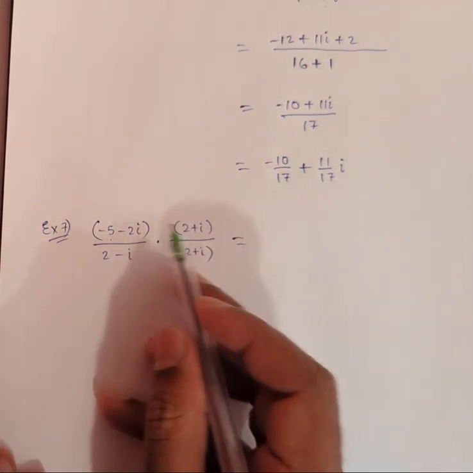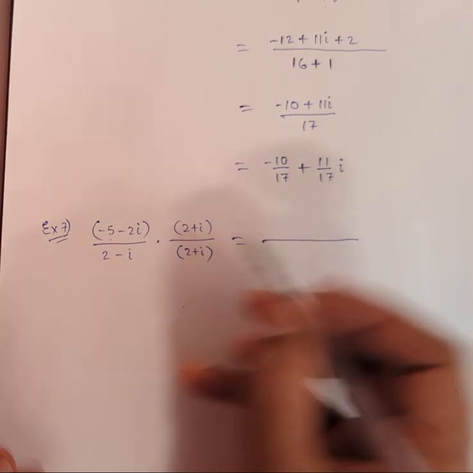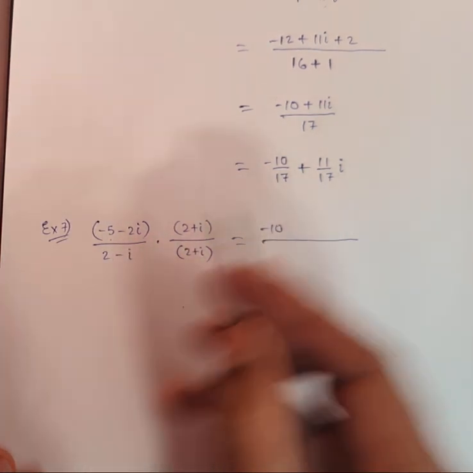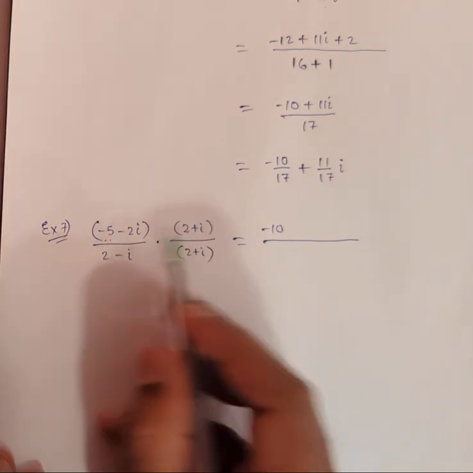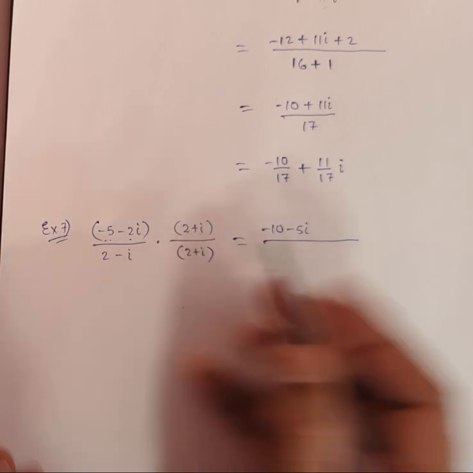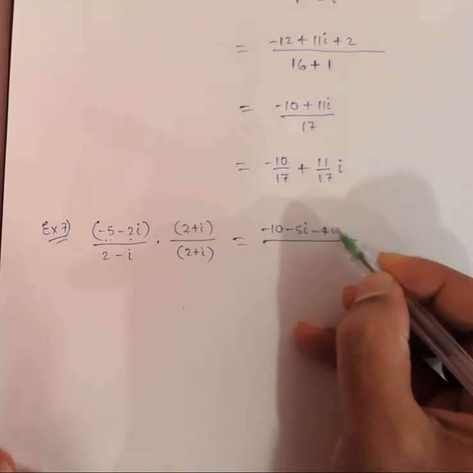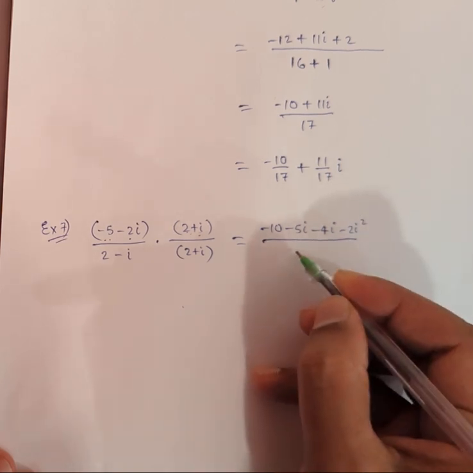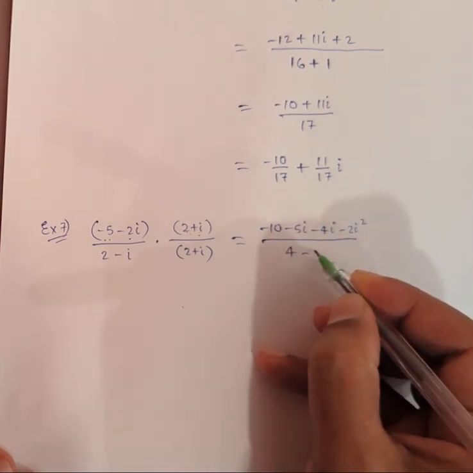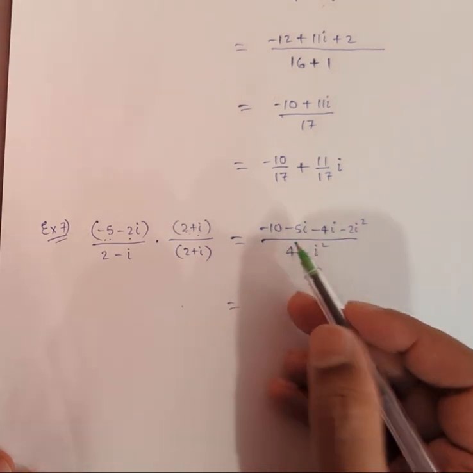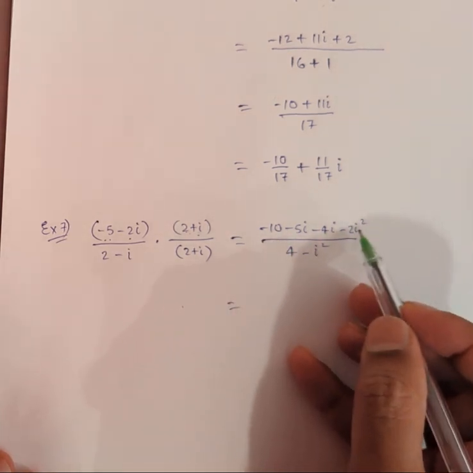So, and now when you multiply the numerator, at first you'll have 4 terms. So negative 5 times 2 is negative 10, then negative 5i, then this will be negative 4i, and this would be minus 2i square. And this is going to be 4 minus i square. So this is actually positive 2, right?